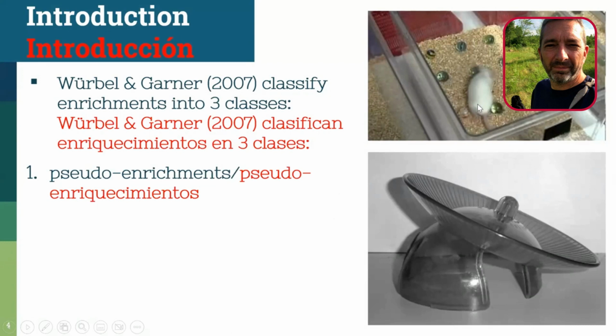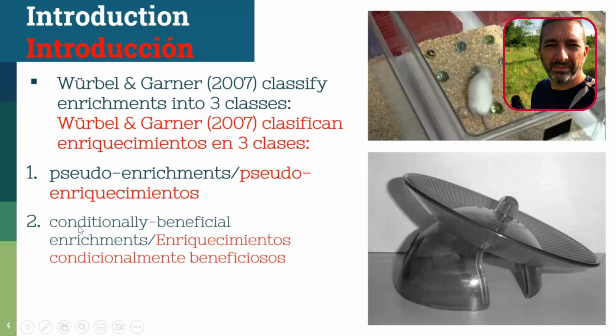In this example, we see marbles placed into an enclosure for lab animals, and that's certainly been used with the idea that this gives them something to do in the environment. Well, they bury these marbles, but they're burying them because they are scared of them, not because they are actually enriching the environment.